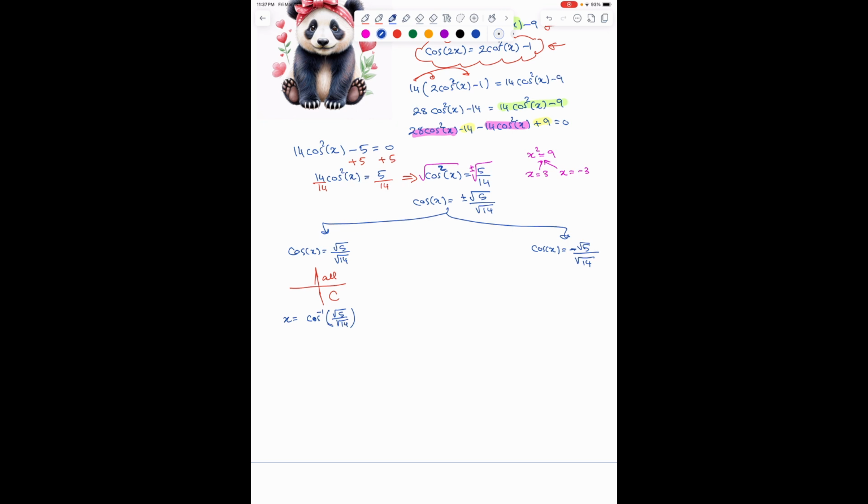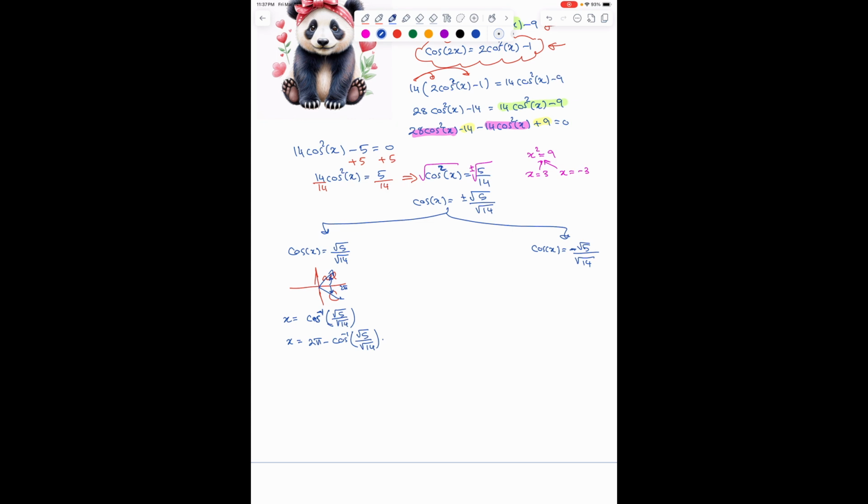And in the fourth quadrant, it's the same amount, so it's going to be 2 pi minus that amount. So x is equal to 2 pi minus inverse cosine of square root of 5 over square root of 14. That is a second solution.